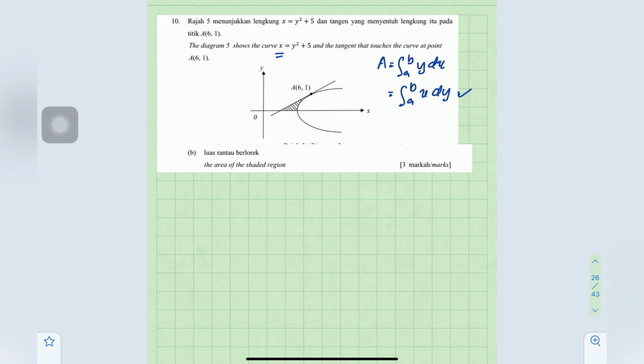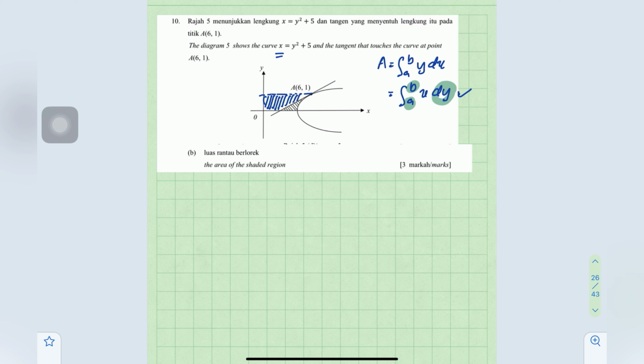But you must know if you integrate with respect to y, then a and b are values of y. So we need to find the whole area under the curve minus the blue shaded region, which is a trapezium shape.